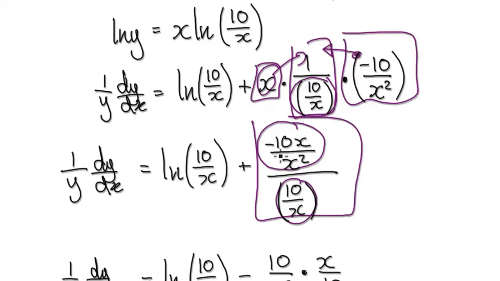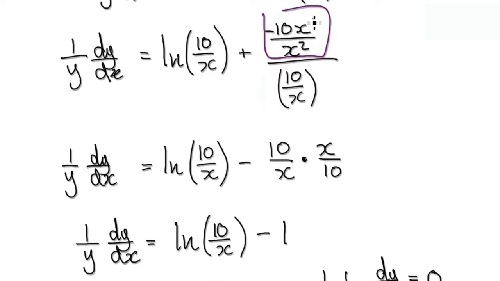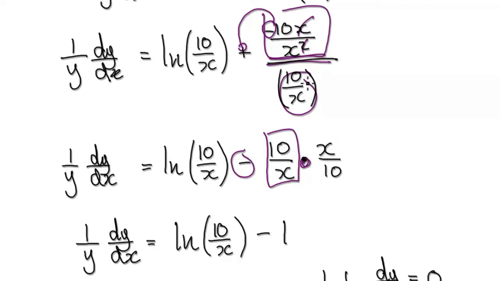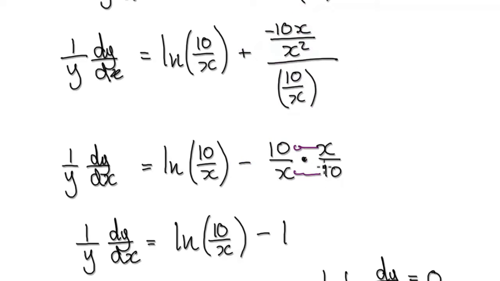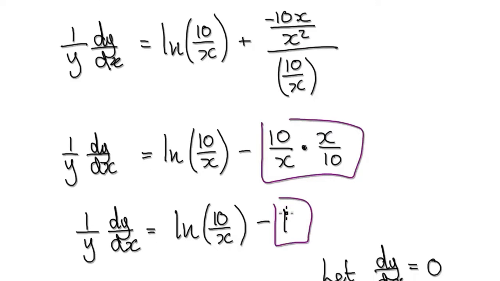So when you look at this, the x cancels out. That will then give you this thing here. By the way, I'm dragging the negative out. That will then give you this. And then you've got divided by this thing here, which is the same as multiplying the reciprocal of this. So that would be x over 10. So now top times top, bottom times bottom, well, this whole thing here equals 1. Okay, so that will then take us to here.